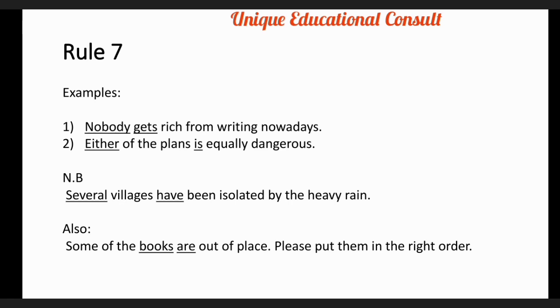Now let's look at one or two examples under here. Nobody gets rich from writing nowadays. Nobody there is the indefinite pronoun, and we have gets as the verb. That is what the rule states. Another one is: either of the plans is equally dangerous. Either this plan or that plan, they are both dangerous. So either there is indefinite and we have the verb is.